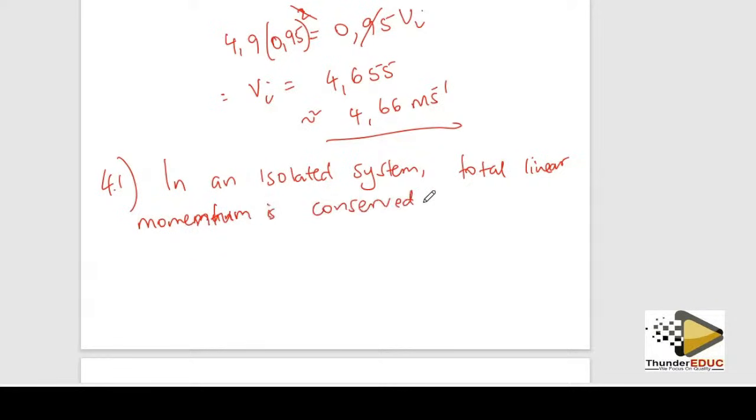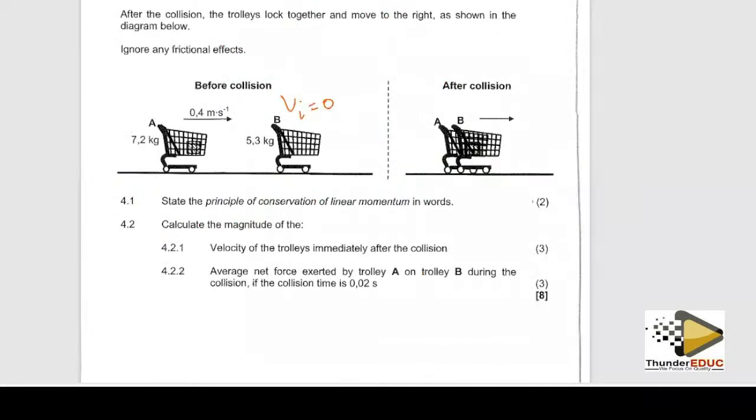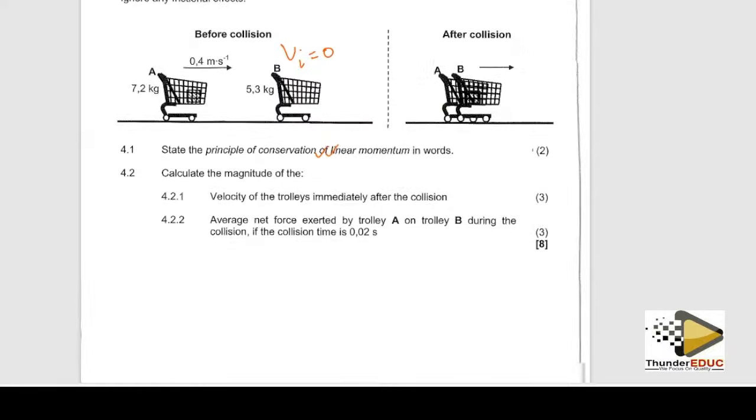So what that means is that it stays the same. Total linear momentum before collision is the same as that after collision. Then 4.2, they want us to get the magnitude of the velocity of the trolleys immediately after the collision.